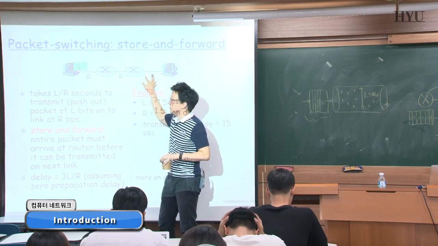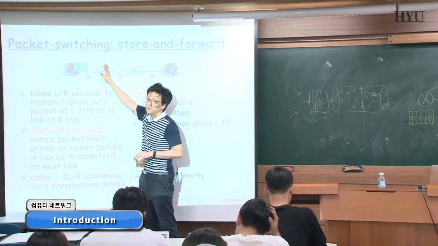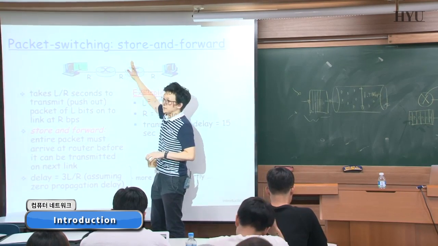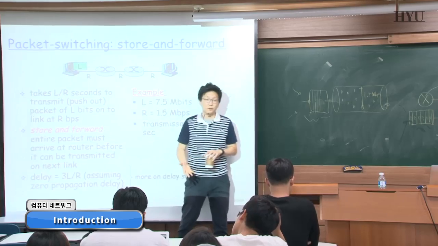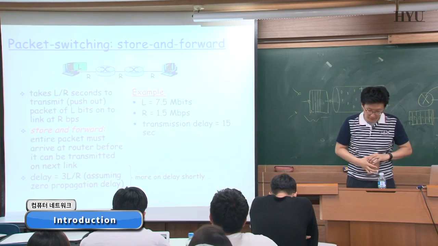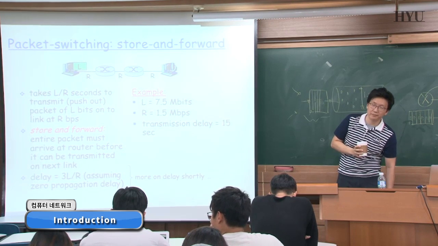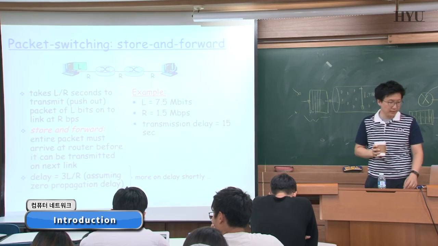They also give you a condition that it will wait until it receives L fully. So it's a very simple formula: 3 times L divided by R. This is a very easy case to look at.